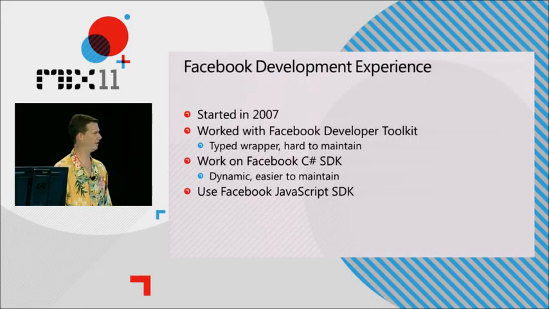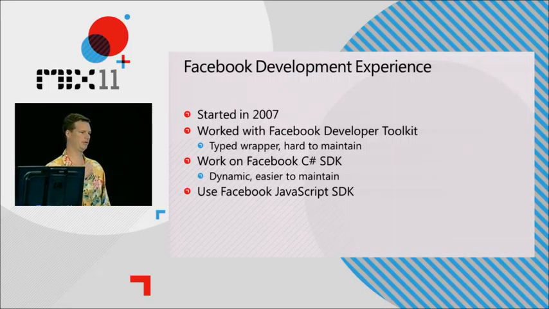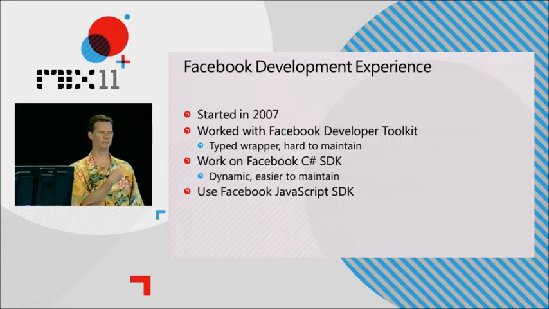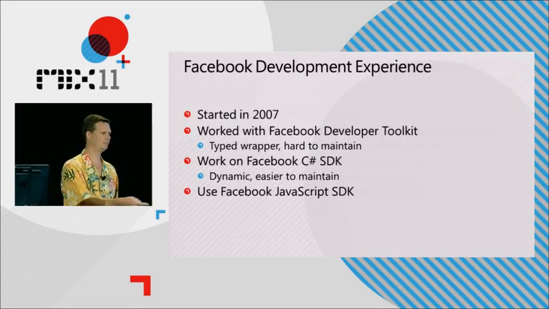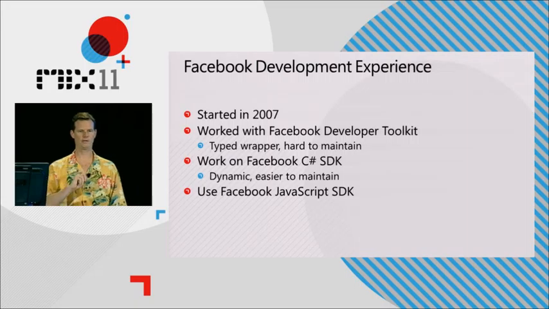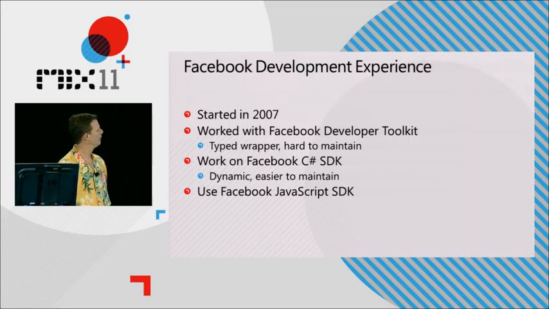By the way, Facebook pushes out once a week on Tuesdays, so this becomes a real problem, especially if you're trying to do something that's in beta in Facebook. It's not really well documented yet, so you don't want to put it in your toolkit or write typed wrappers around it, but you need a way to talk to the REST services to get that data. So dynamic seemed like the natural fit.